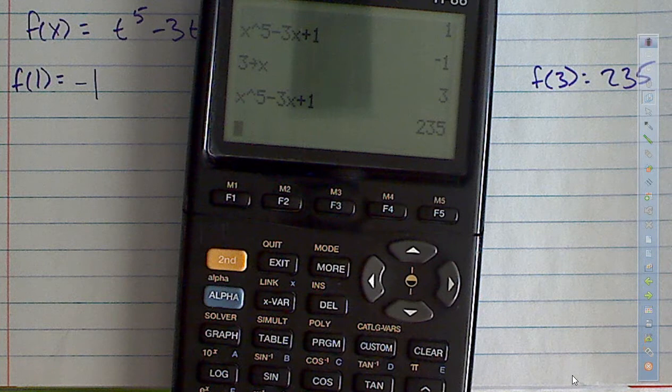There you go. Right, because you did 1 store for plus, you need to do 1 store for x. Okay, cool. And now go to your function, so the x to the 5th minus 3x plus 1.